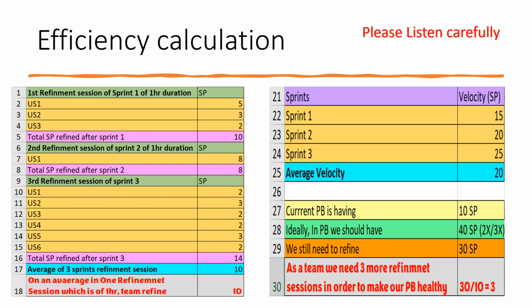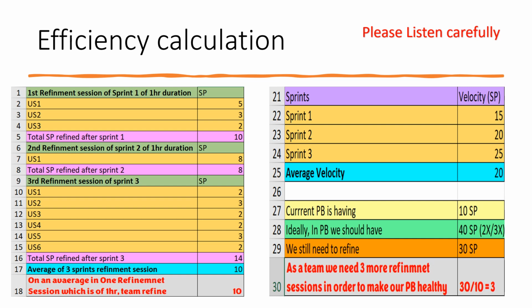Okay, so right now my product backlog has just 10 story points. That means only 10 story points I refined and I have in my bucket. But what is my average velocity? The average velocity is 20, but at this moment my product backlog has just 10 story points refined.